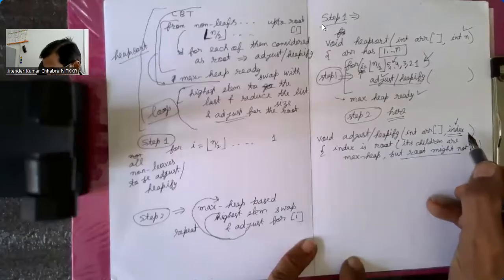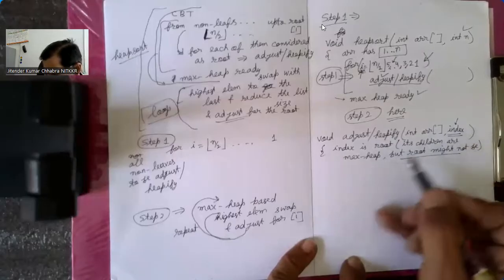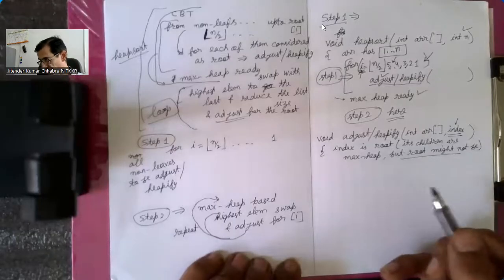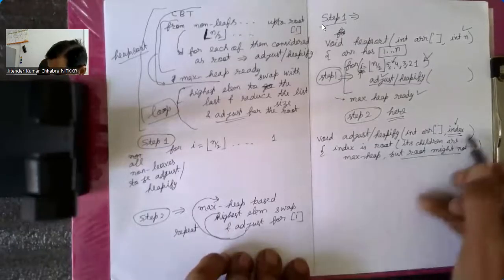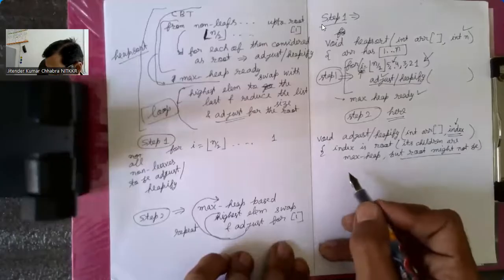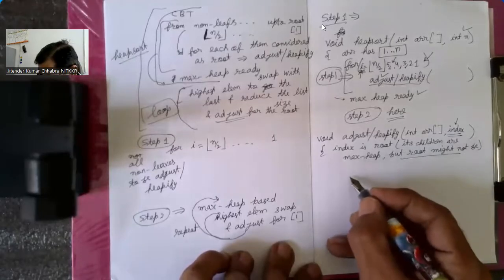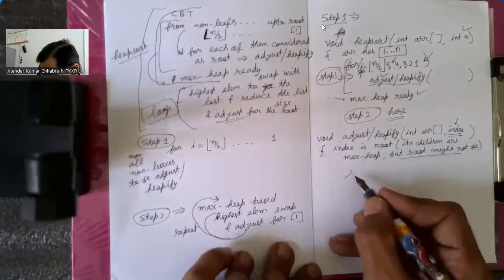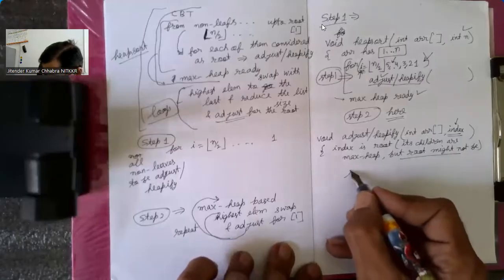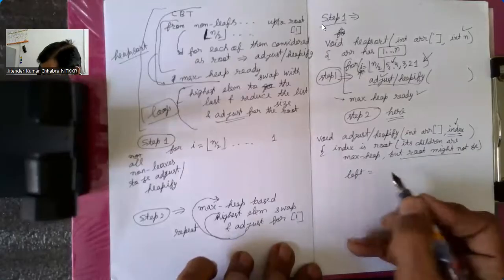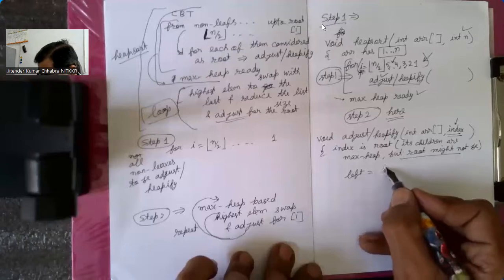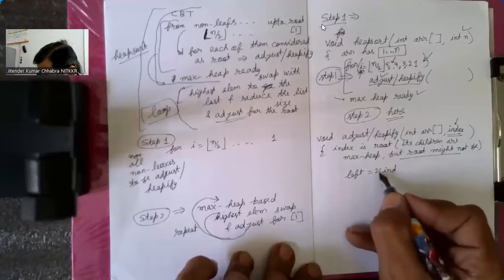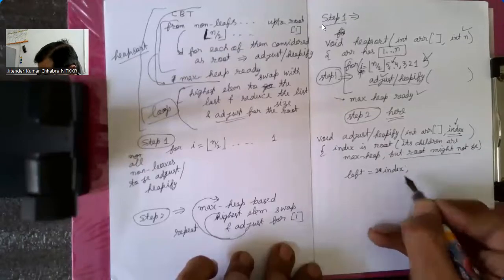What else do I need? Maybe I need nothing. I could progress further, and if I need something, I will add a parameter. So what do I have to do? I'm given an index. I have to refer to its left and right children and compare with them. Where is its left child? The left child is going to be at index times 2, so 2 star index. Where is its right child going to be?